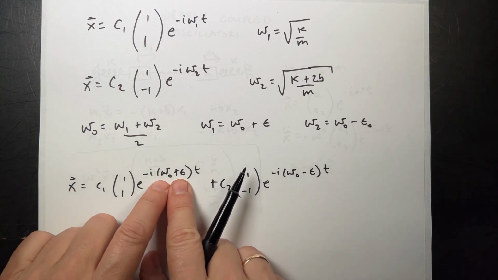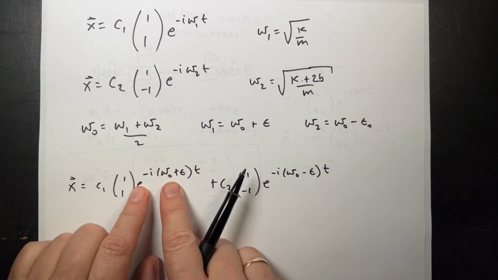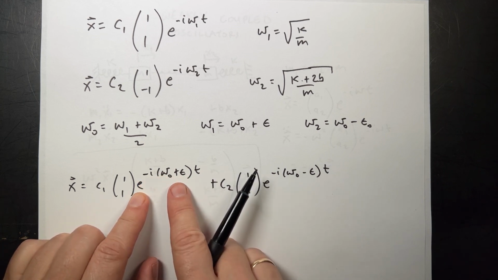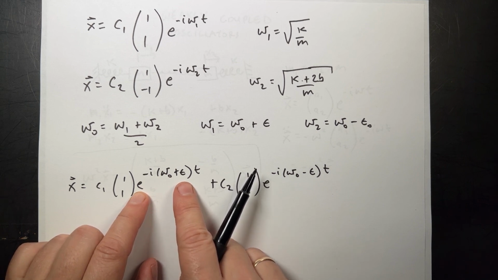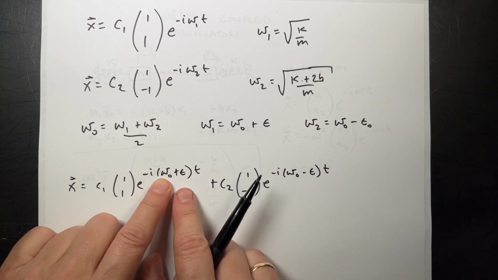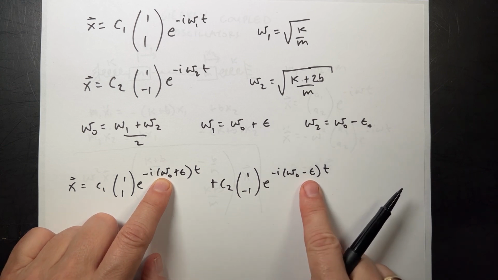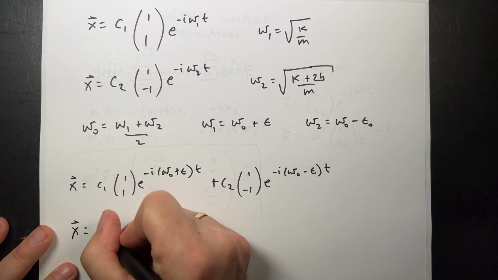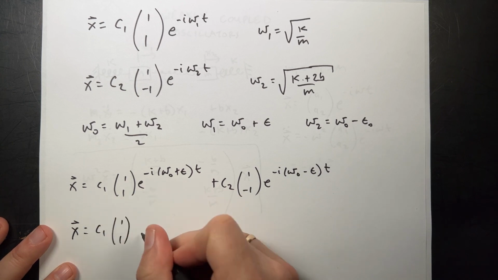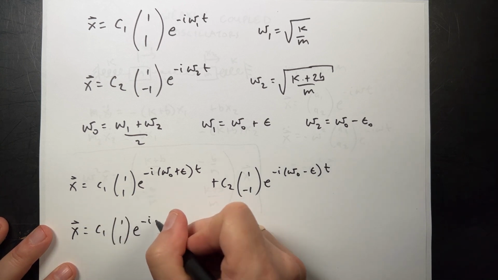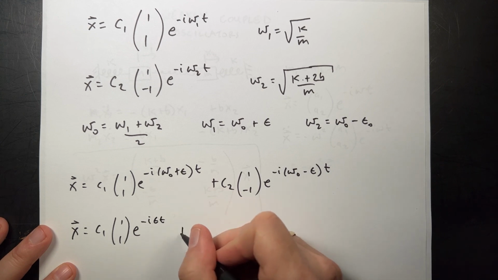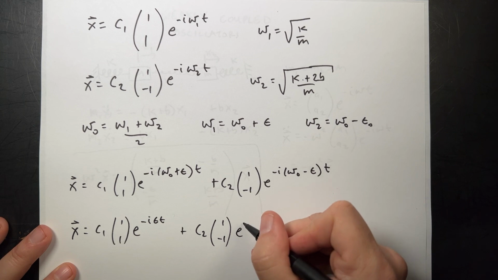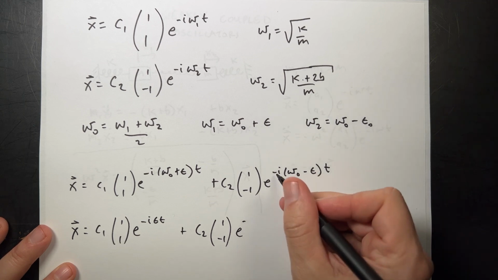Now, this is e to the minus i omega t times e to the minus i epsilon t. They both have the omega zero in both terms, so I can factor that out. So let me write this as x equals C1, 1, 1, e to the minus i epsilon t plus C2, 1, minus 1, e to the, no, this is going to be plus, right?